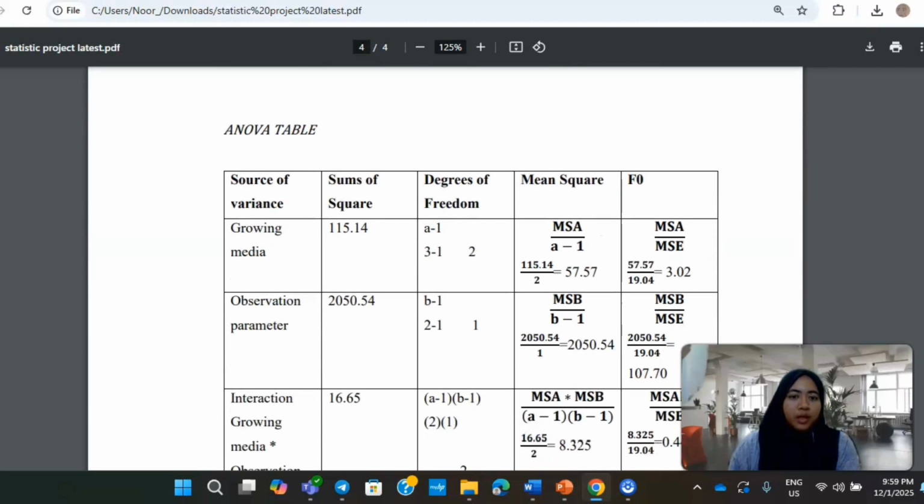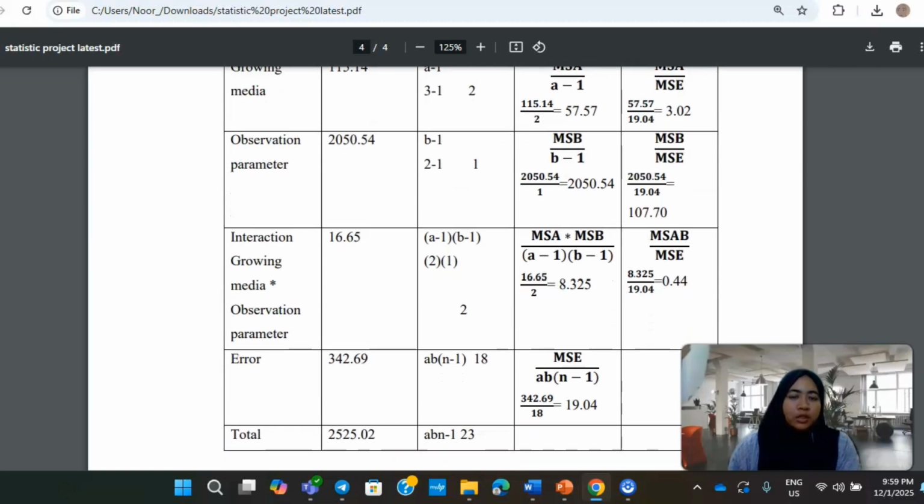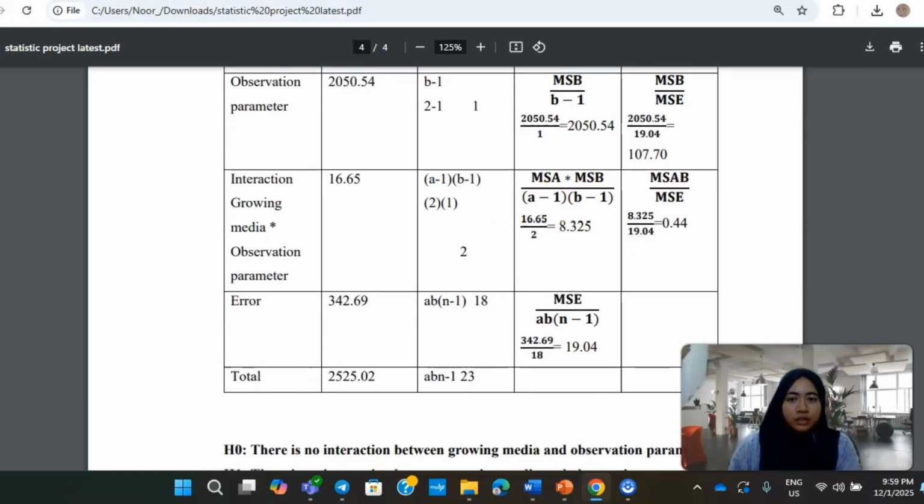To get the mean square, growing media is divided by A minus 1, observation parameter by B minus 1, and the interaction by A minus 1 multiplied by B minus 1. And the mean square error is divided by A multiplied by B multiplied by N minus 1.